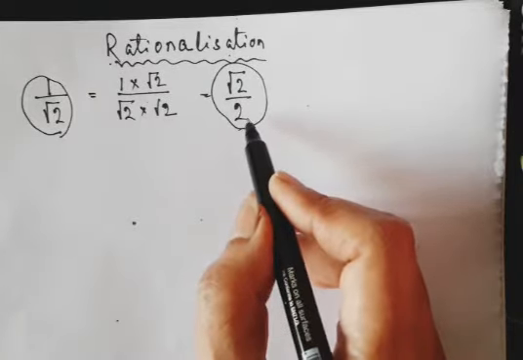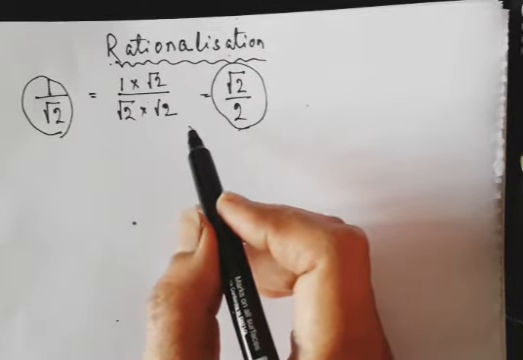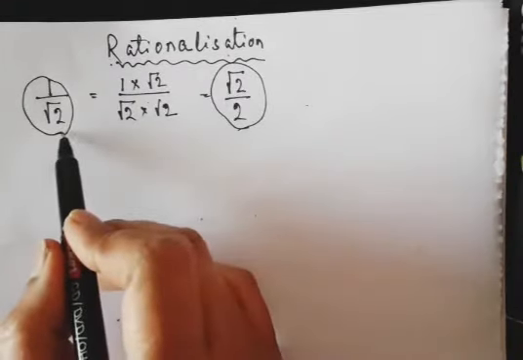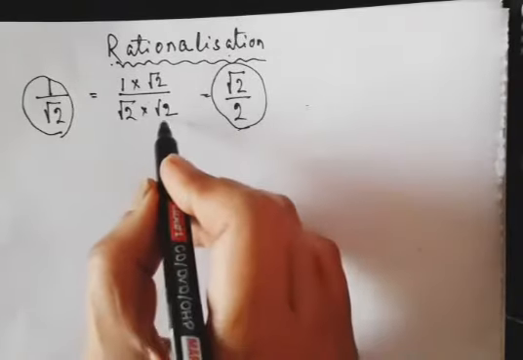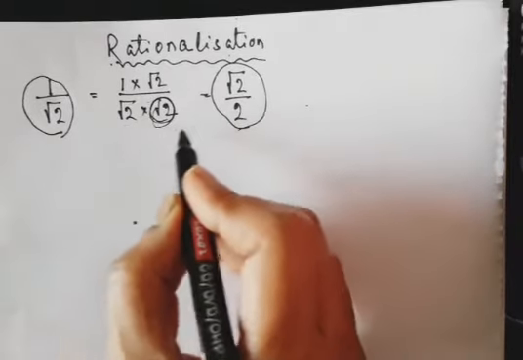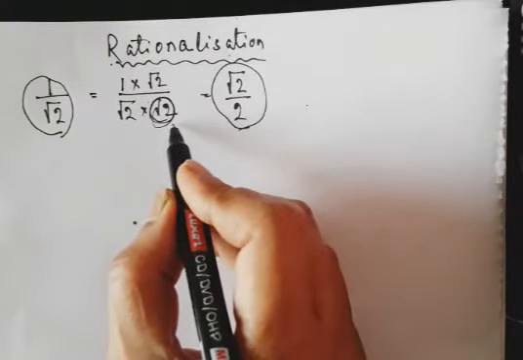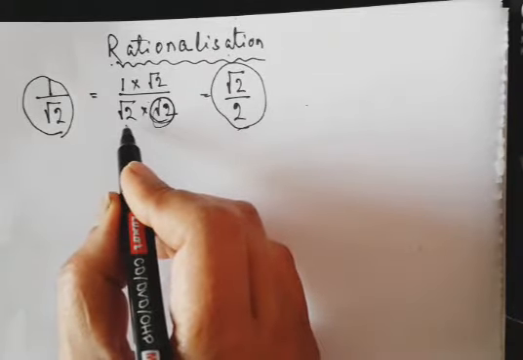And here this root 2 which we have multiplied to root 2, that is known as the rationalizing factor of this root 2.